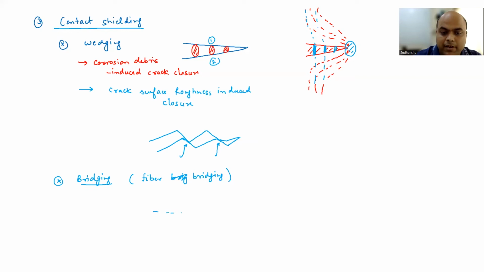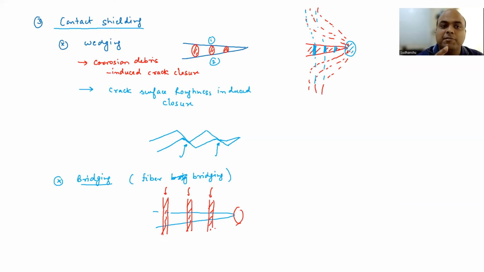So you have a crack, and then you have lots of fibers, like this. So it's like bridging, right? And again, from these fibers, you can transfer the load from the top surface to the bottom surface of this particular crack, and thereby you are going to reduce it.